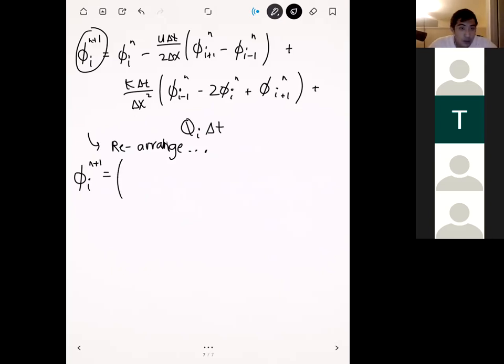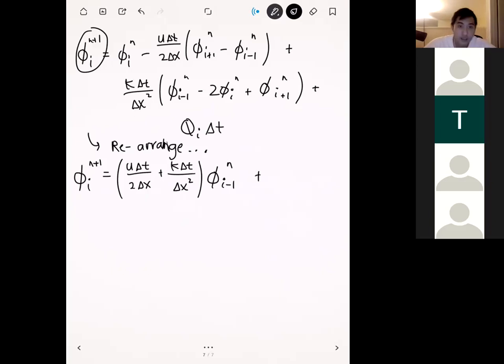All right. And so if we go ahead and rearrange the terms, we have this expression here. Right, so we have u delta t over 2 delta x plus k delta t divided by delta x squared. Okay, and this is the coefficient for phi i minus 1 raised to the n.